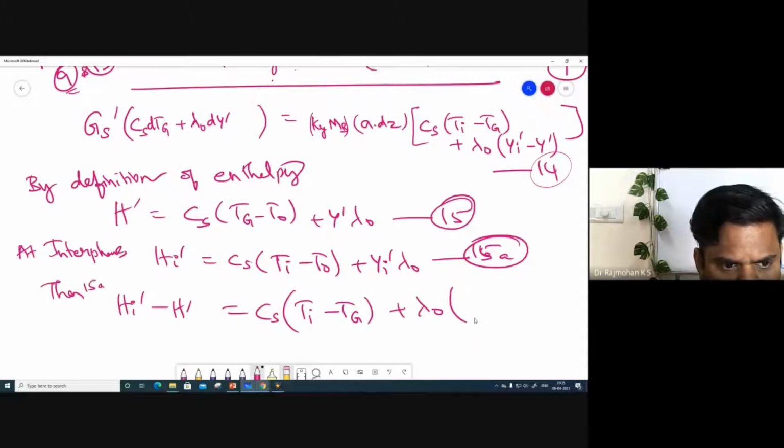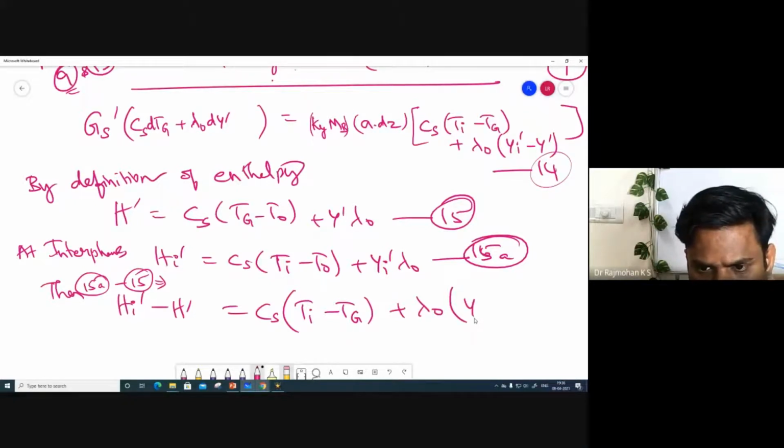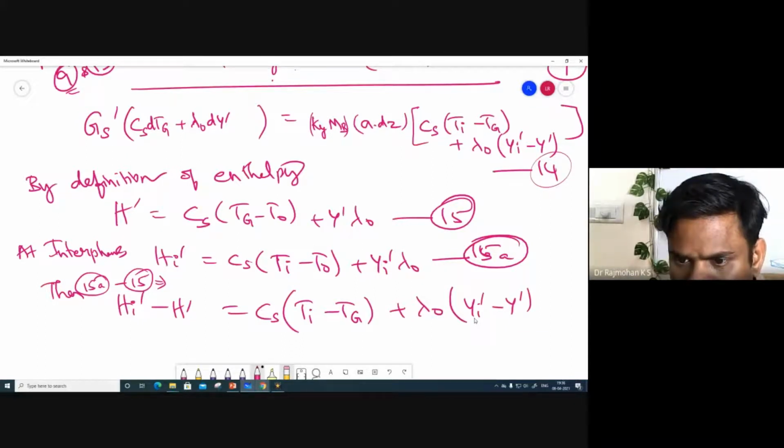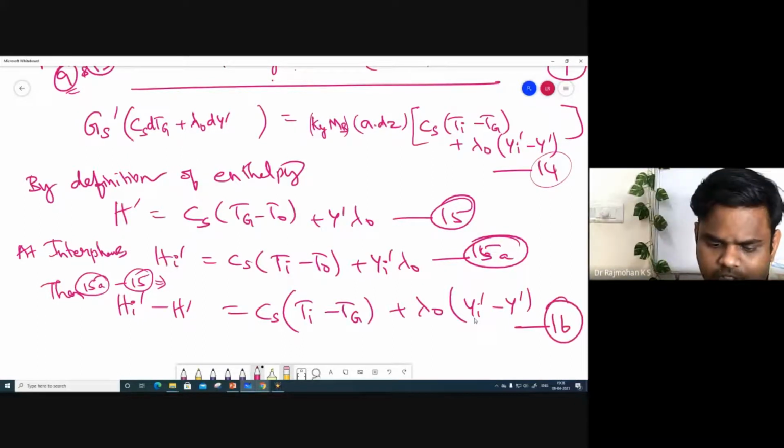So the 15a minus 15 gives Hi' minus H' is equal to Cs into (Ti minus Tg) plus lambda naught into (Yi' minus Y'). Let it be equation number 16.